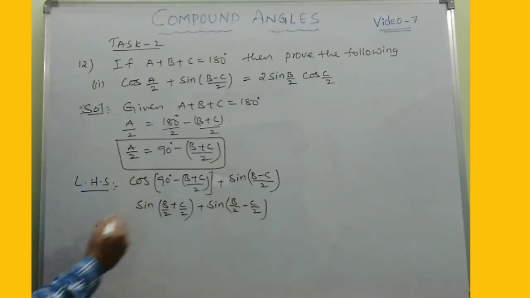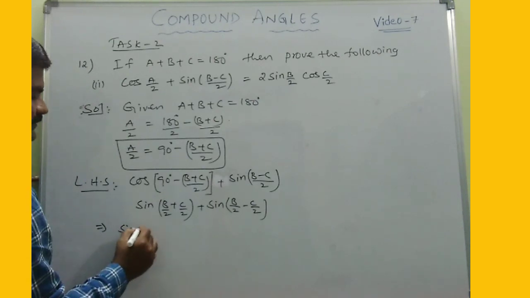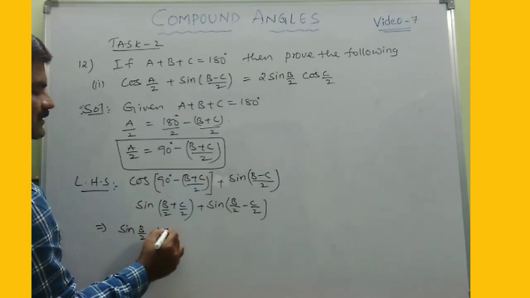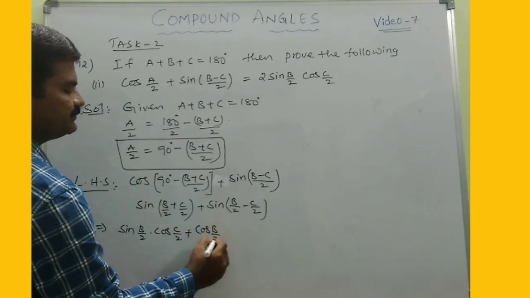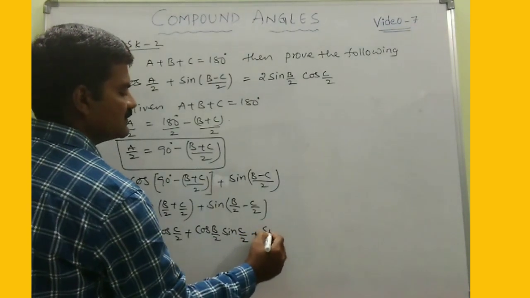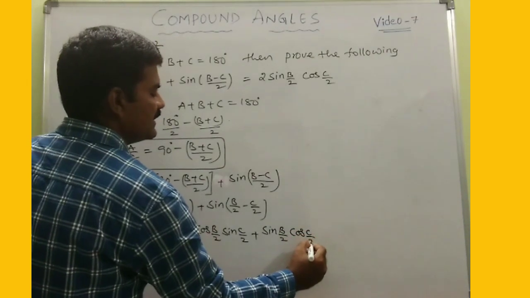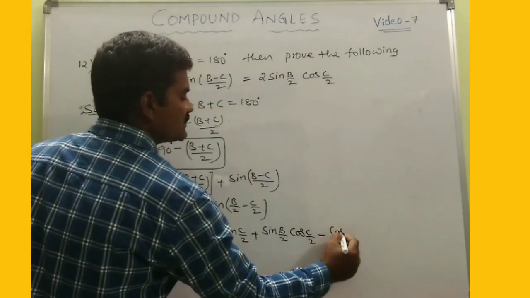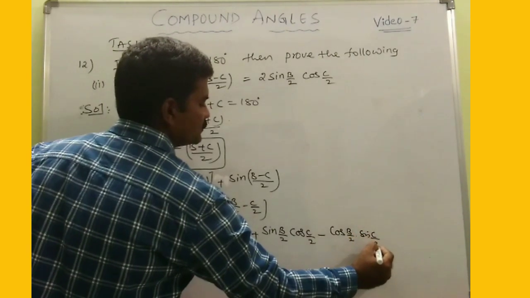So let us substitute the formula. Sin of (A plus B) by 2: sin B by 2 into cos C by 2 plus cos B by 2 into sin C by 2, plus this is also sin B by 2 into cos C by 2 minus cos B by 2 into sin C by 2.